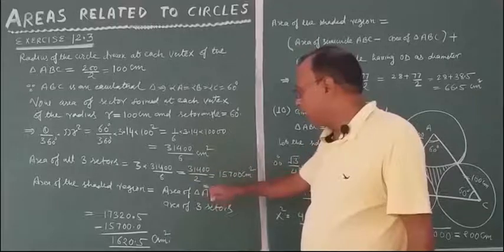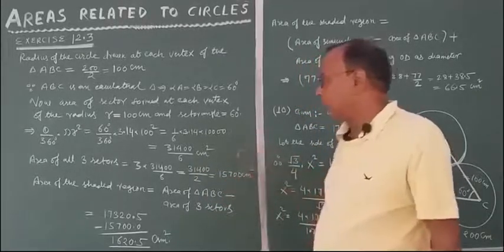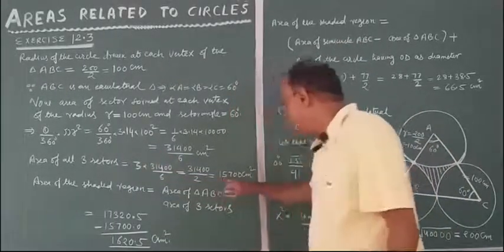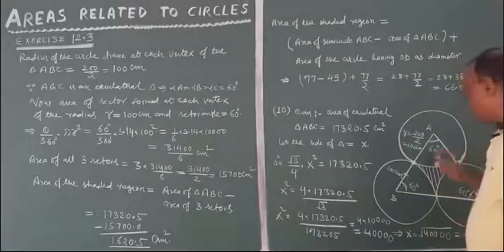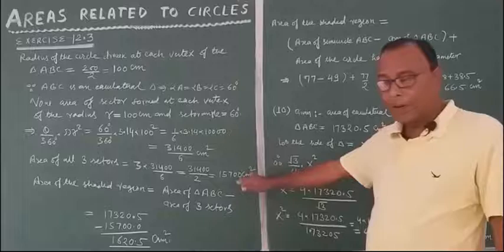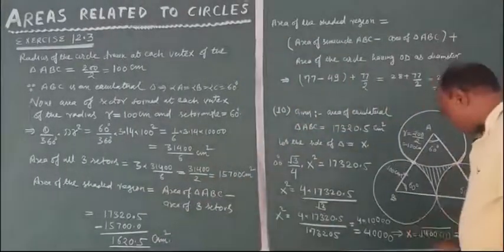When you divide this, you will get 15700 centimeter square. So the area of all these three sectors is 15700 centimeter square.